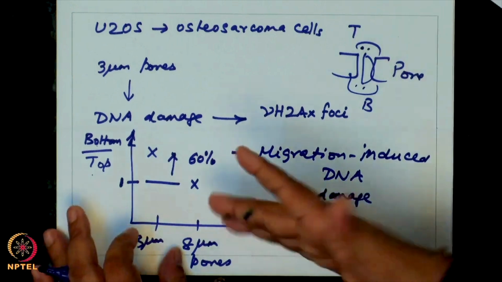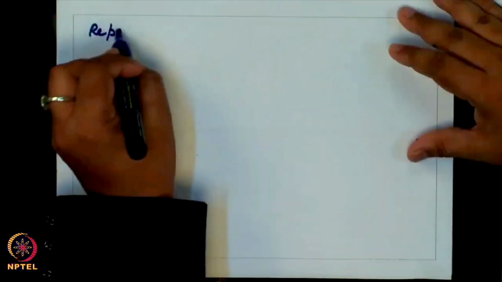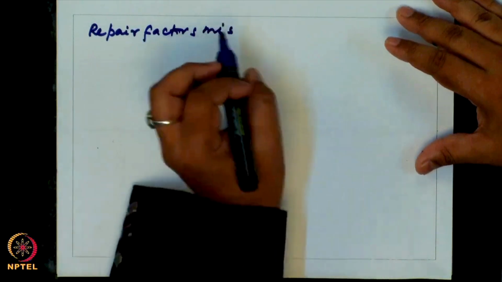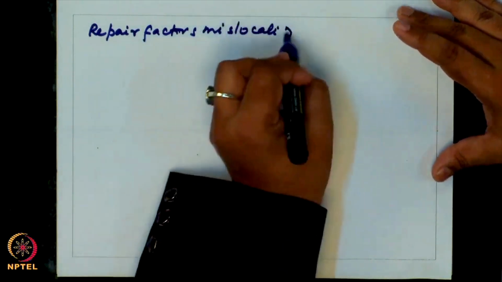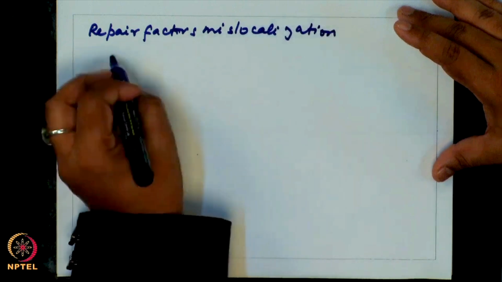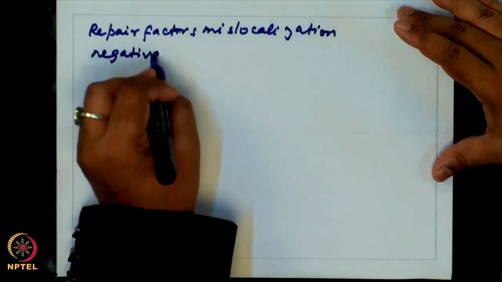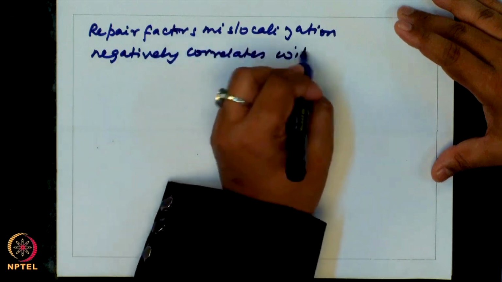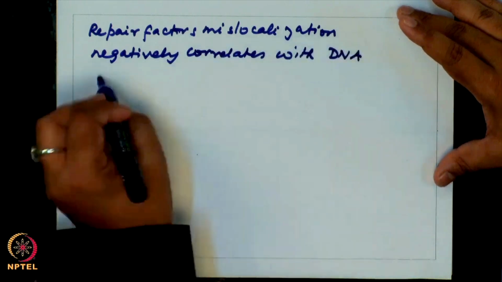They also observed this in other cells like mesenchymal stem cells. They then did experiments with DNA repair factors, and showed that repair factors mislocalize with DNA damage levels.